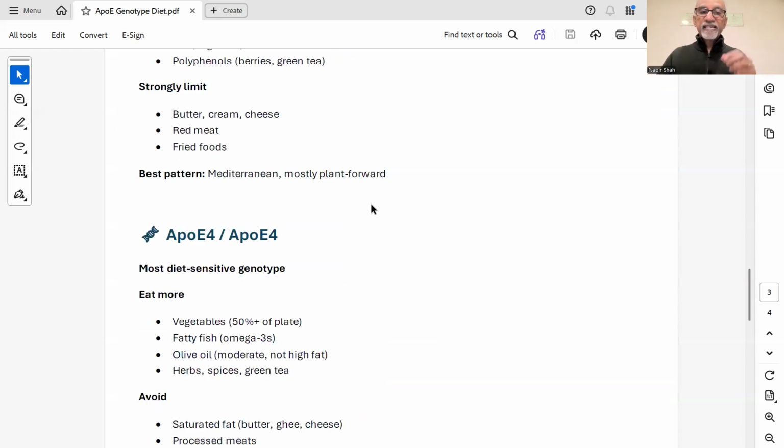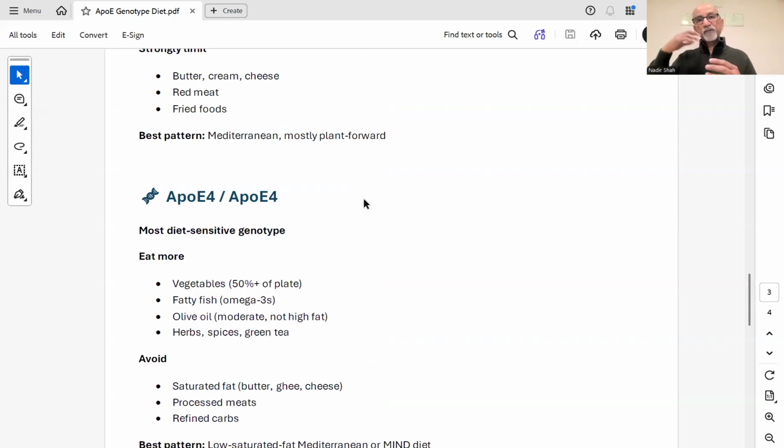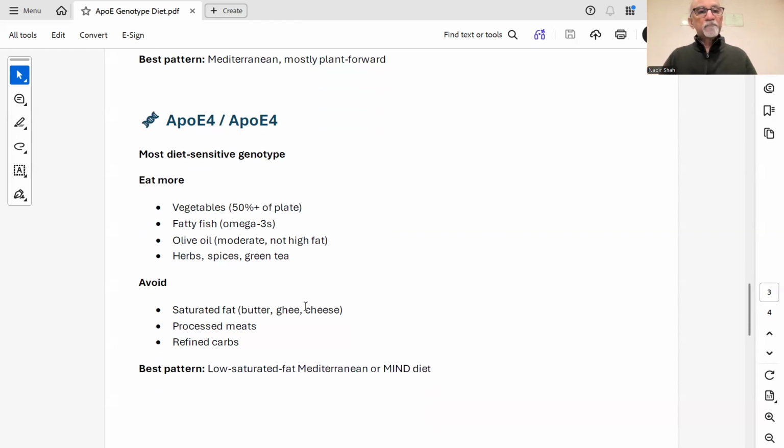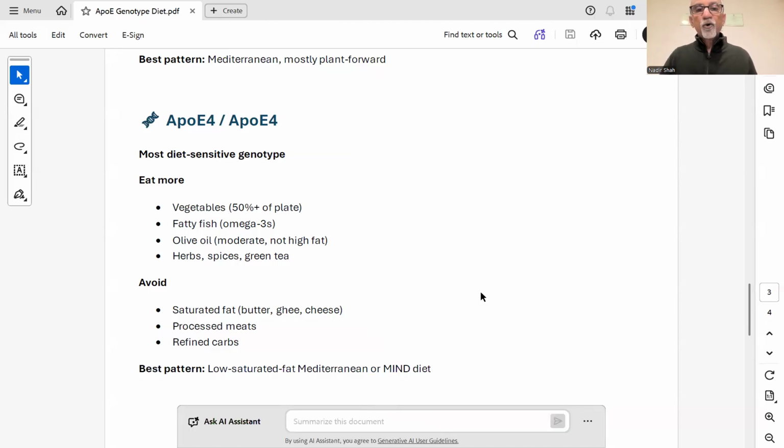If you have lesions inside your arteries, and a high tendency of keeping cholesterol high, because as genotype 4 your liver is already producing a little bit more, you don't want to consume more saturated fat, or it can go through the roof and you have a cascading event. So you have to be mindful of that. The best pattern here is a low saturated fat Mediterranean diet or MIND diet.